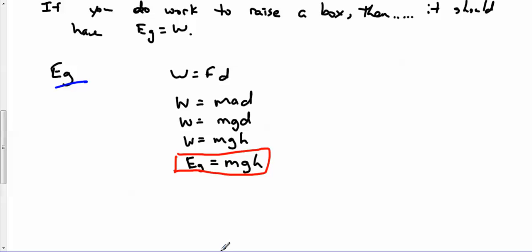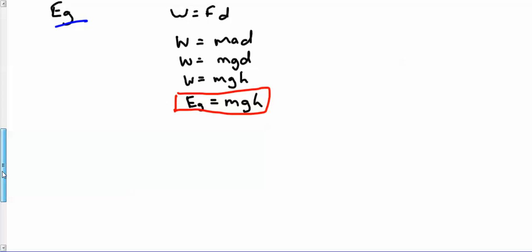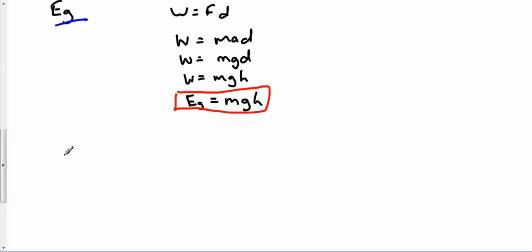Okay. Let's talk about EK. How do I find kinetic energy here? Let's start with the exact same formula. Let's make the very first change to be the same, MAD. Now, kinetic energy is all about the energy because something's moving.